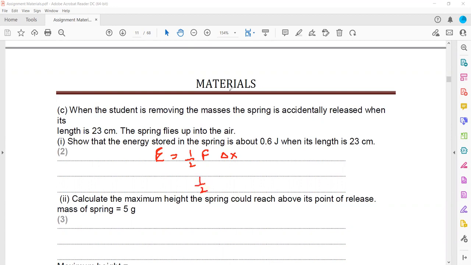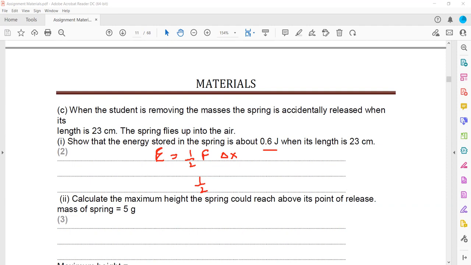What happened is that when the student is removing the masses, the spring is accidentally released when it is 23 centimeters and it flies up into the air. So we have to show that the energy stored in the spring is about 0.6 joules. First we find, when the length is 23, half force into extension.